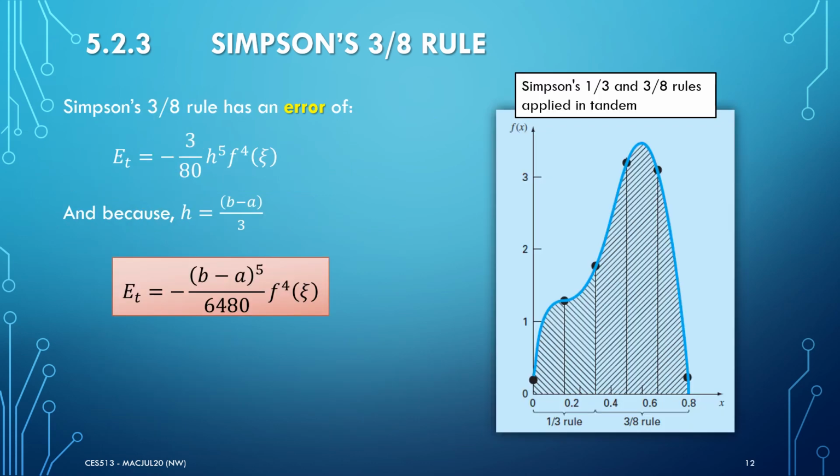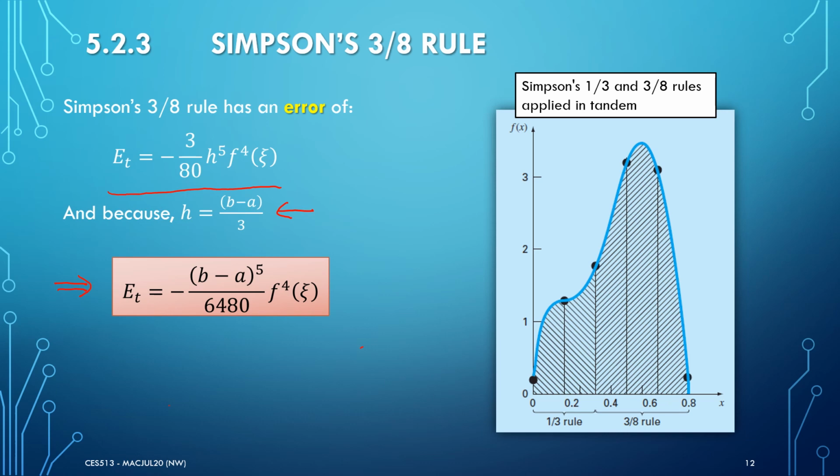So the Simpson's 3/8 rule has an error of Et equal to negative 3/80 h to the power of 5 multiplied by the fourth derivative of xi. Since h equals (b minus a) divided by 3 for this rule, the error can be simplified into this equation: Et equal to negative (b minus a) to the power of 5 divided by 2880 multiplied by the fourth derivative of xi.